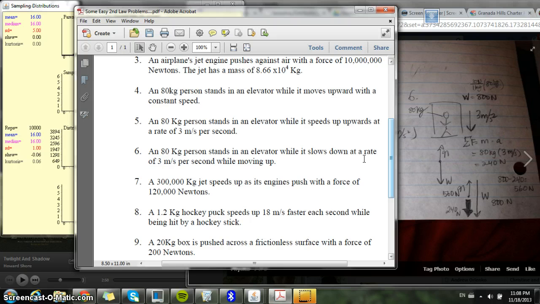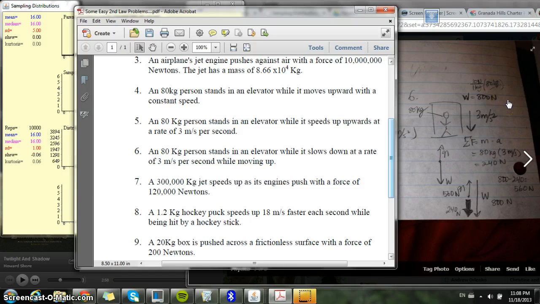It's going downward at 3 meters per second squared while moving up. Even though the motion is still upward, the acceleration is downward, so the velocity is in one direction while the acceleration is in the other, and our motion is slowing down. But we don't really know that. So let's continue.